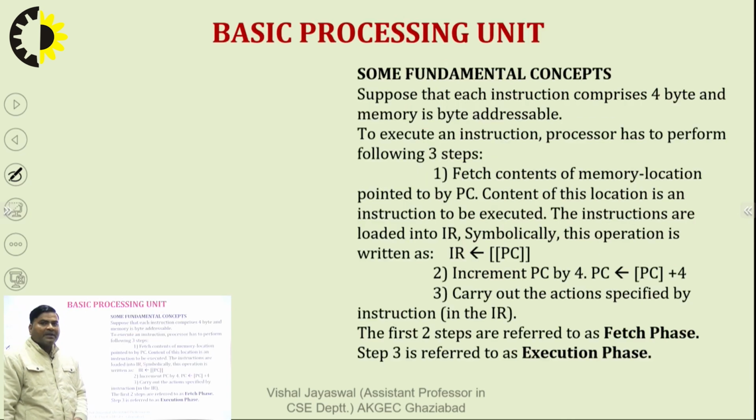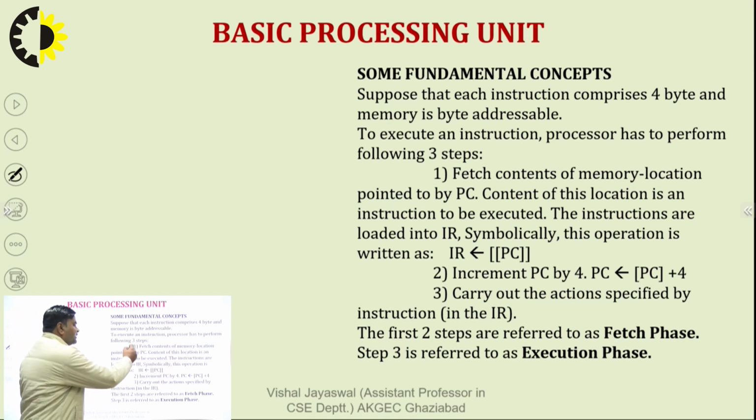First, the basic processing unit. Suppose that each instruction comprises 4 bytes and memory is byte addressable. This is the important concept. To execute an instruction, the processor has to perform the following steps.